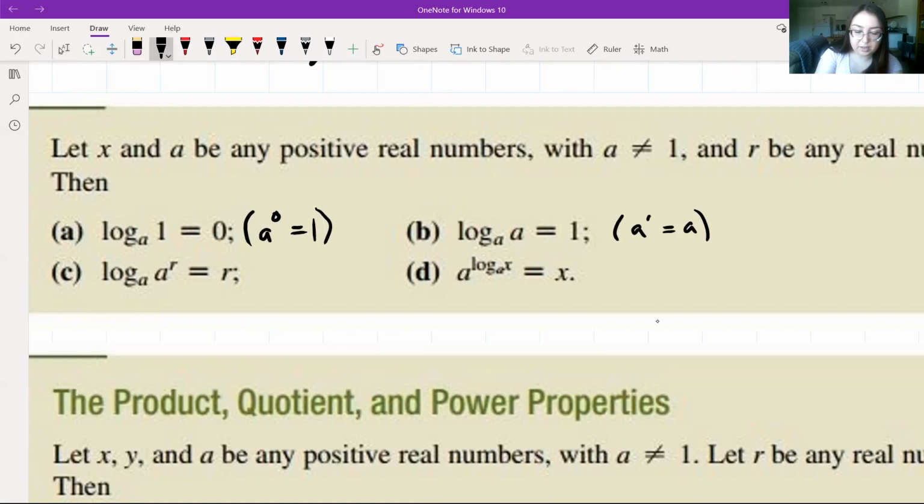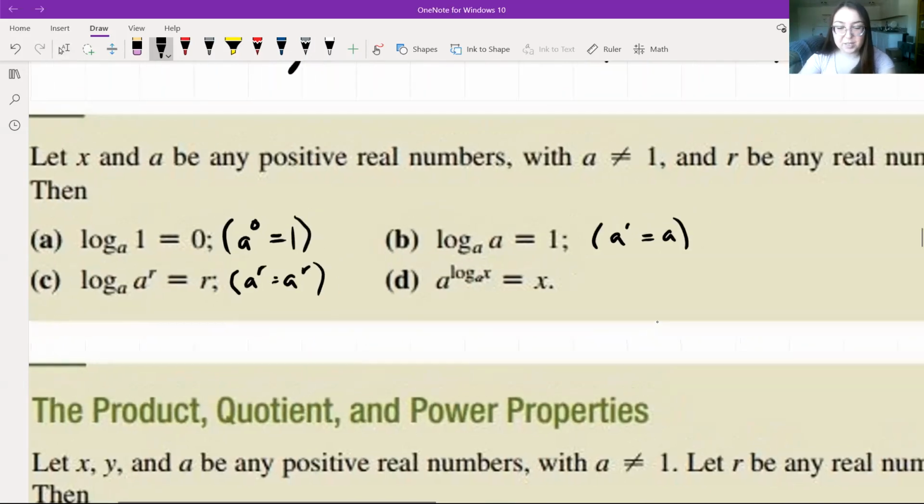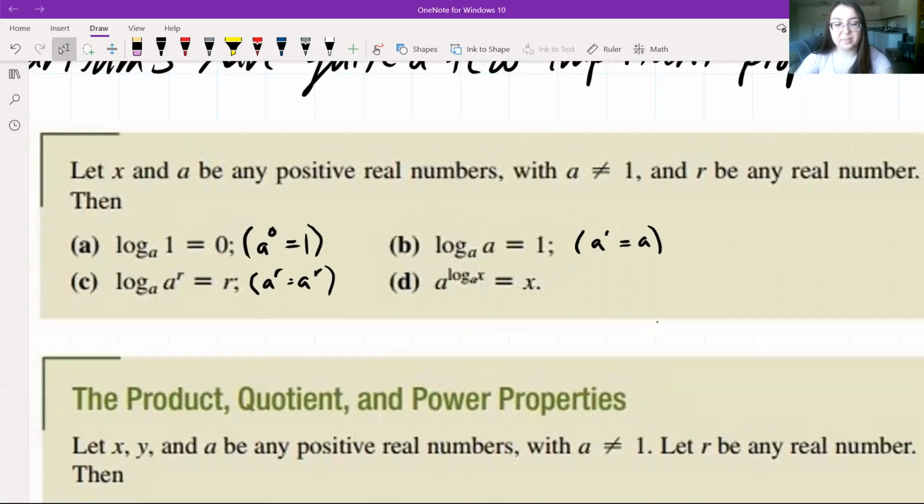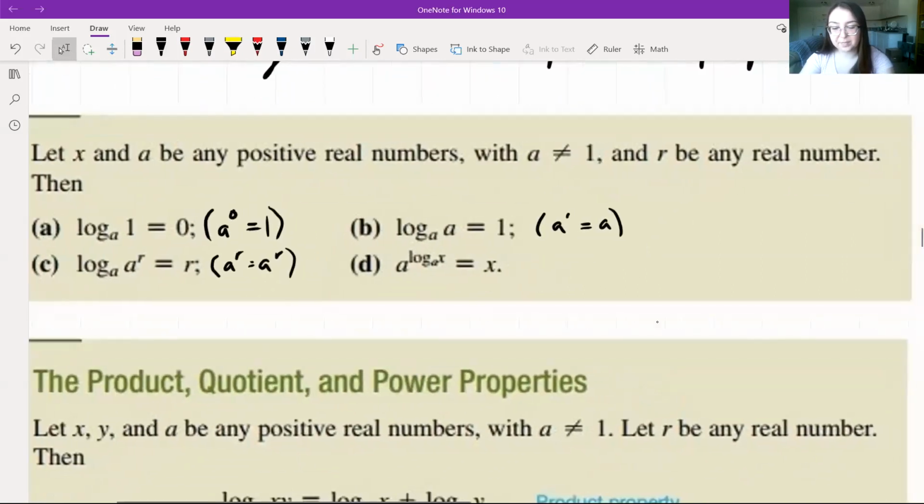And that's because if r is our exponent, and we have a as our base, a to the r power, of course our answer has to be a to the r power. So that just means that r is any real number with our base a.